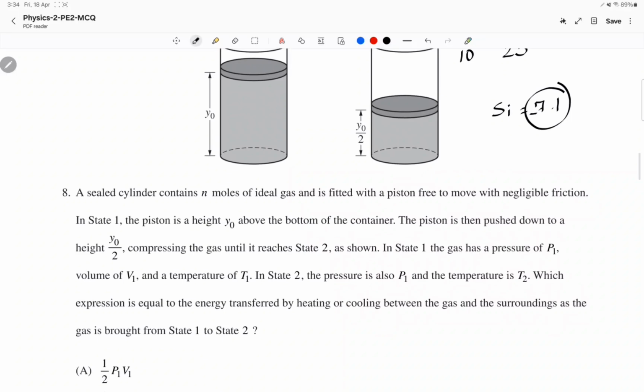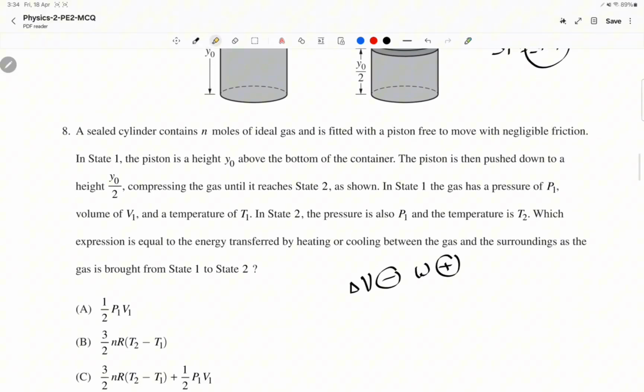And if the volume decreased, so if delta V is negative, the work is positive. They're asking us right now to find the energy transferred by heating or cooling between the gas and surroundings. What are they asking us to find exactly? Q. We're being asked to find the Q.